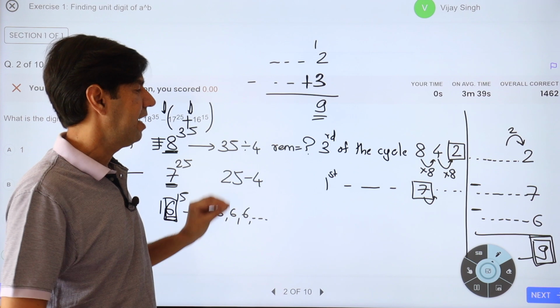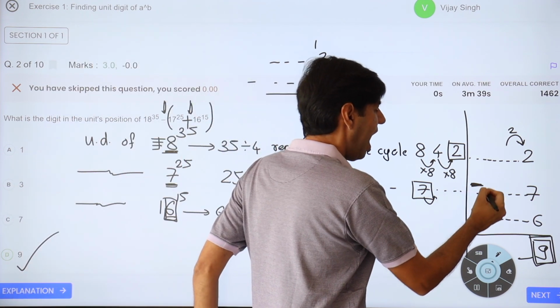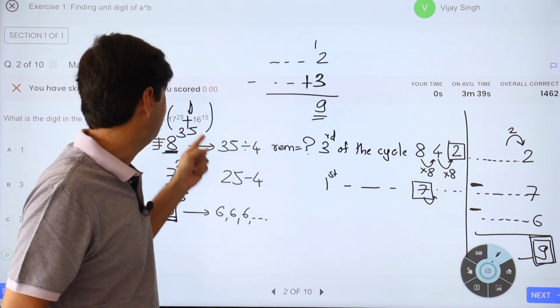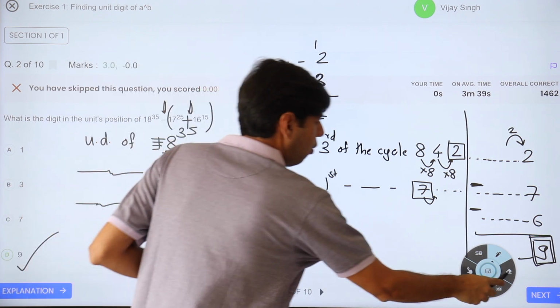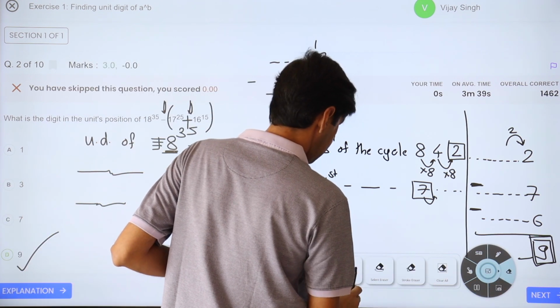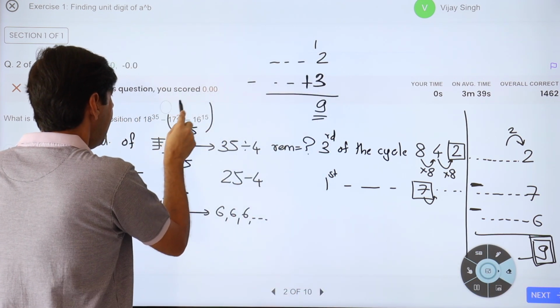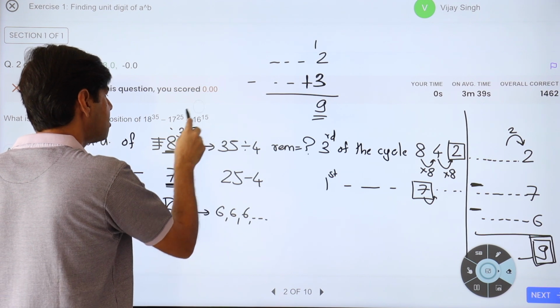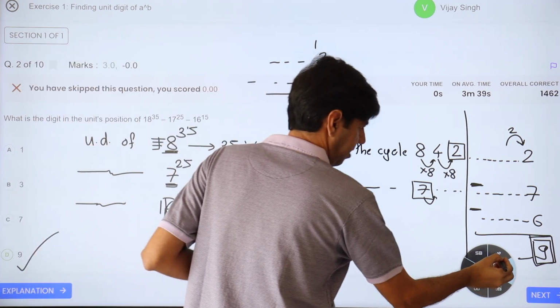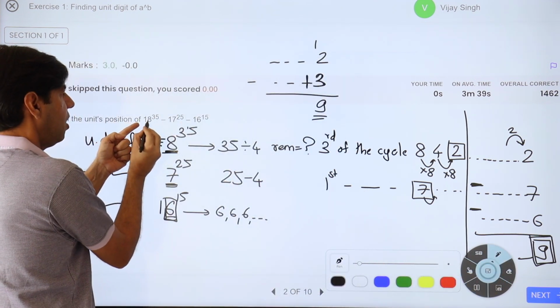Remember when you are subtracting, just to be careful, I would check that I'm always subtracting a smaller number from a larger number. I just do that check.